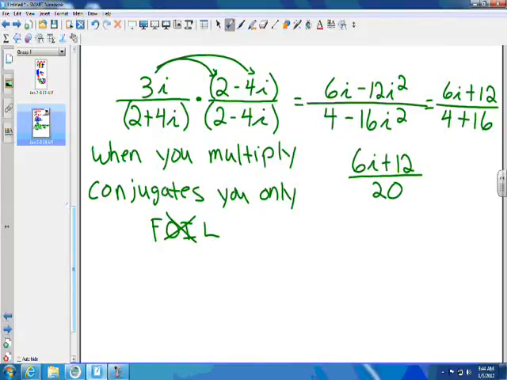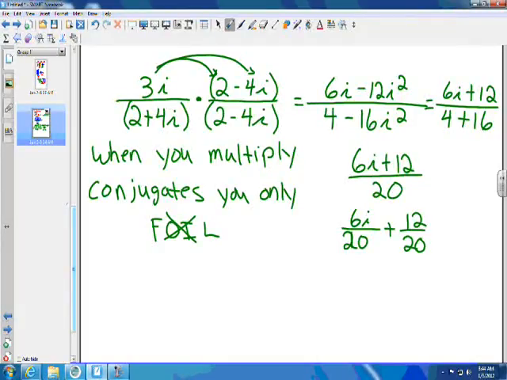Now, the very last thing you've got to do on these problems is take out any common term that you could. The best thing to do here would be to split it into two fractions, and then simplify both fractions.